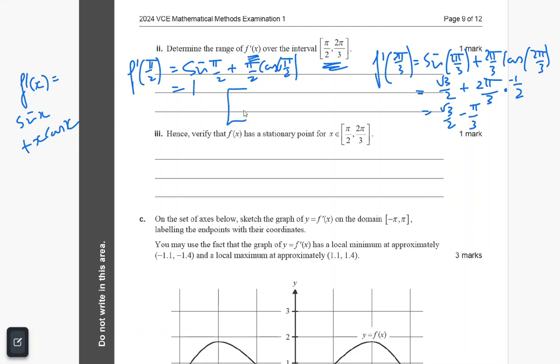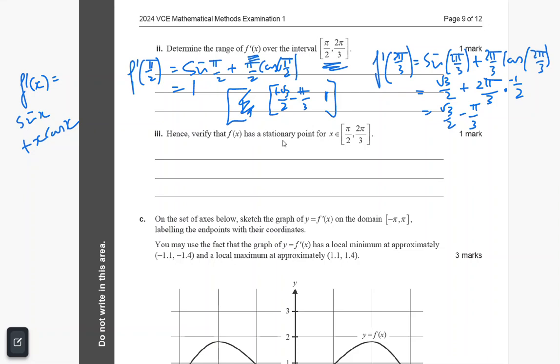So I'm going to say 1. This is going to be smaller. I'm going to say going up to 1 and negative, root 3 on 2 minus pi on 3.